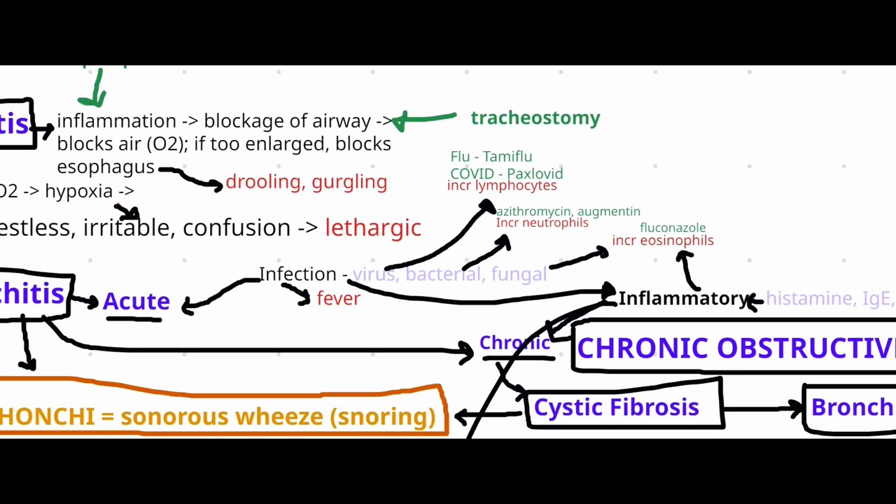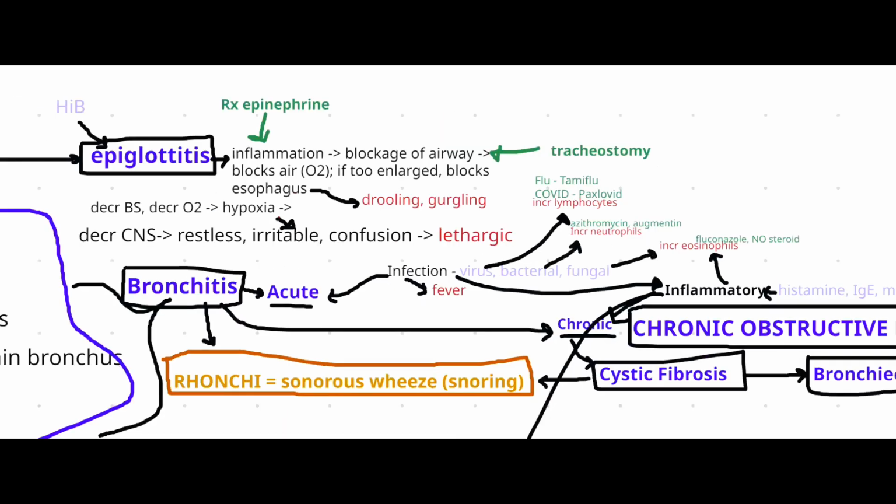Now, if they have a fungal infection, what will you not give that we had talked about? Again, this is respiratory. Very good. Why? It's going to worsen it, because it's a fungal infection, so you're just going to cause more fungal growth. Excellent.